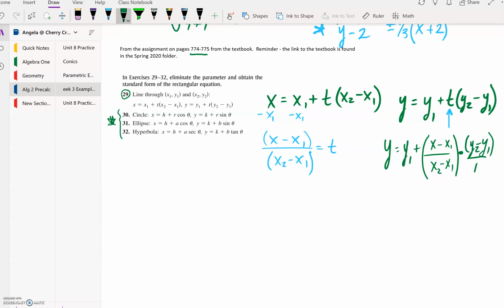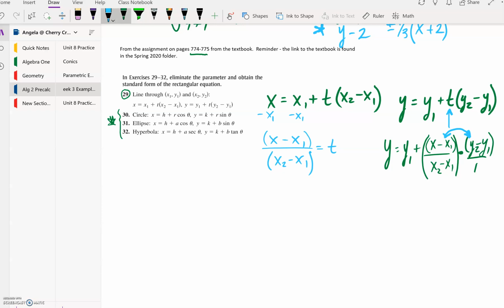Because multiplication is commutative, you can switch pieces back and forth in our numerator, right? So I'm going to do a little swap here, and rewrite this with the y sub 2 minus y sub 1 first in the multiplication, and the x minus x sub 1 second.